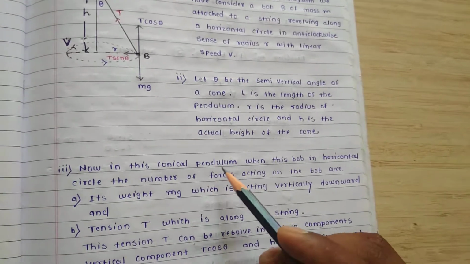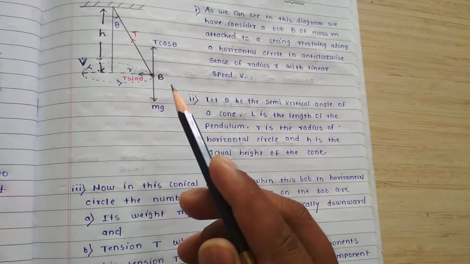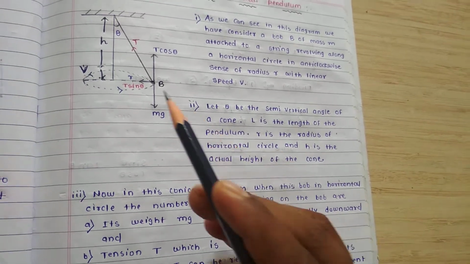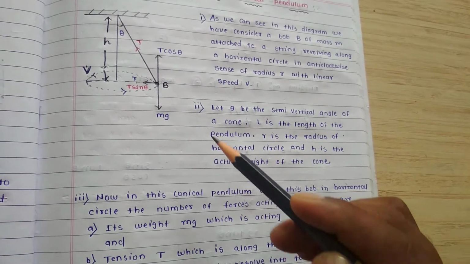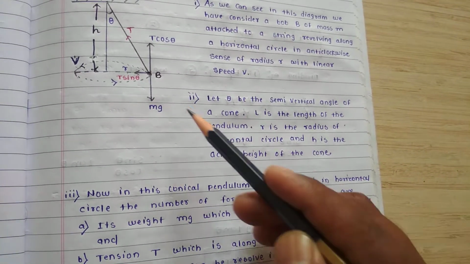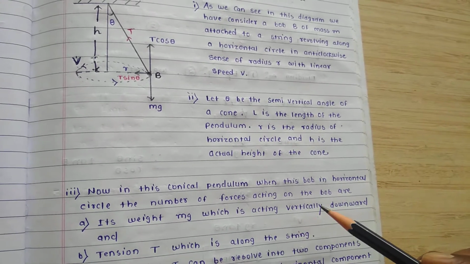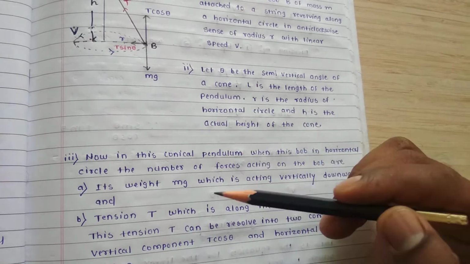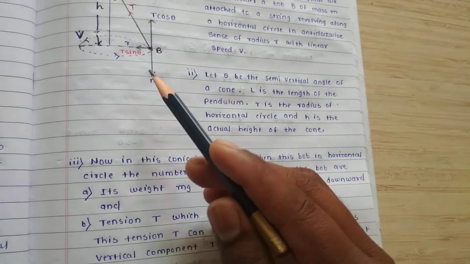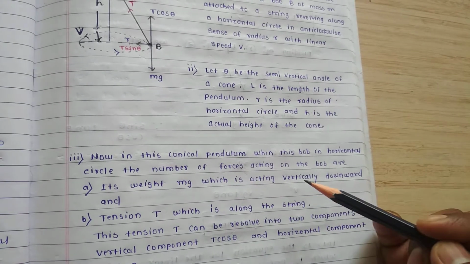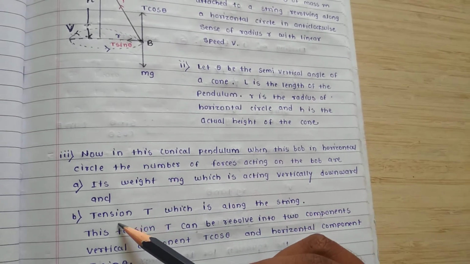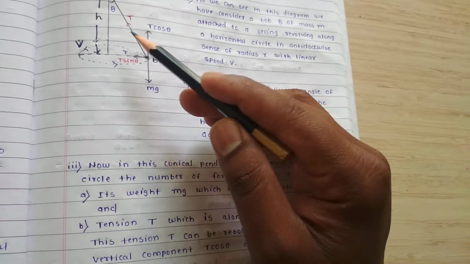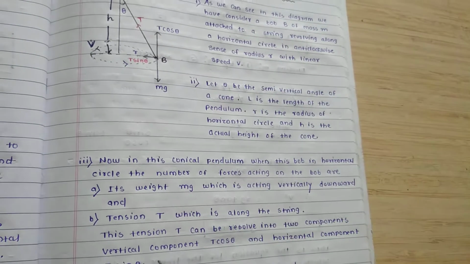Now in this conical pendulum, when the bob B moves in a horizontal circle, the forces acting on the bob are: first, its weight mg, which acts vertically downward, and second, the tension T, which is along the string.